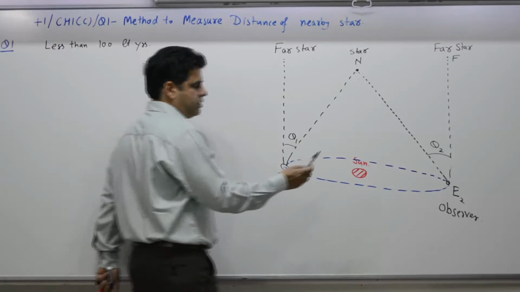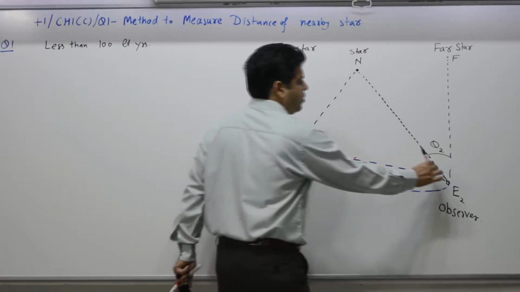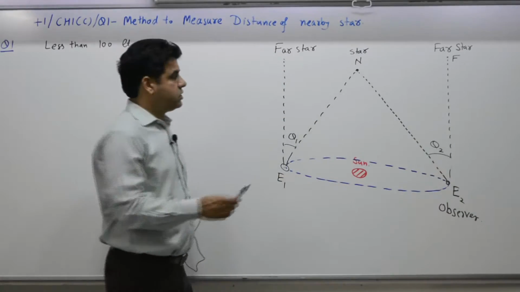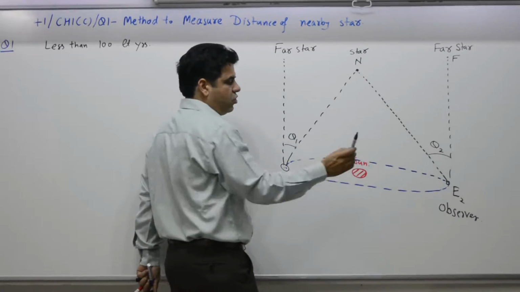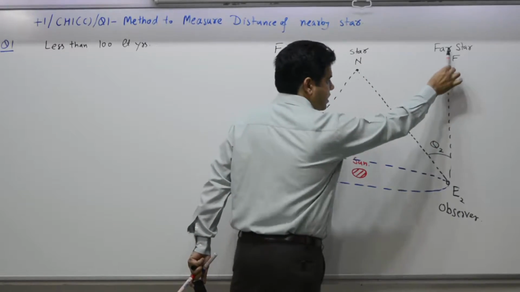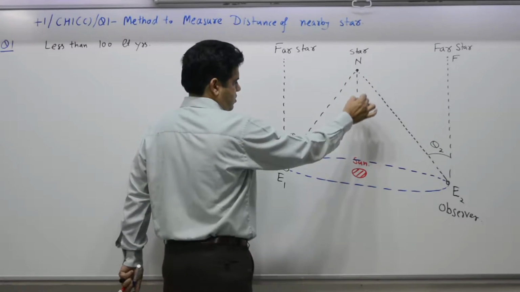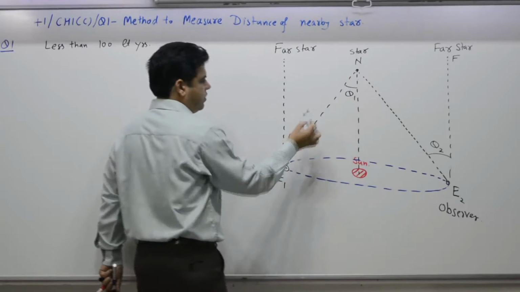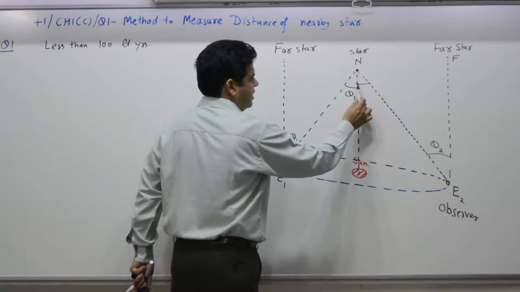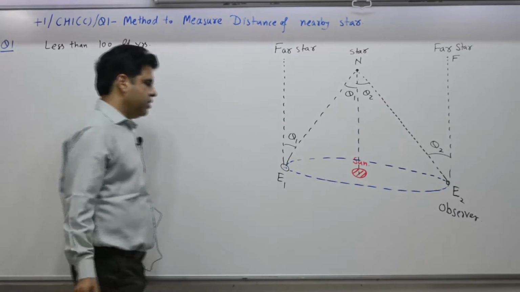Next observation, Earth is now in position E2. The observer will observe the star N along this line and the far star along this line, and this angle is theta 2. This angle is also theta 1. These two angles are equal. This angle is theta 2.